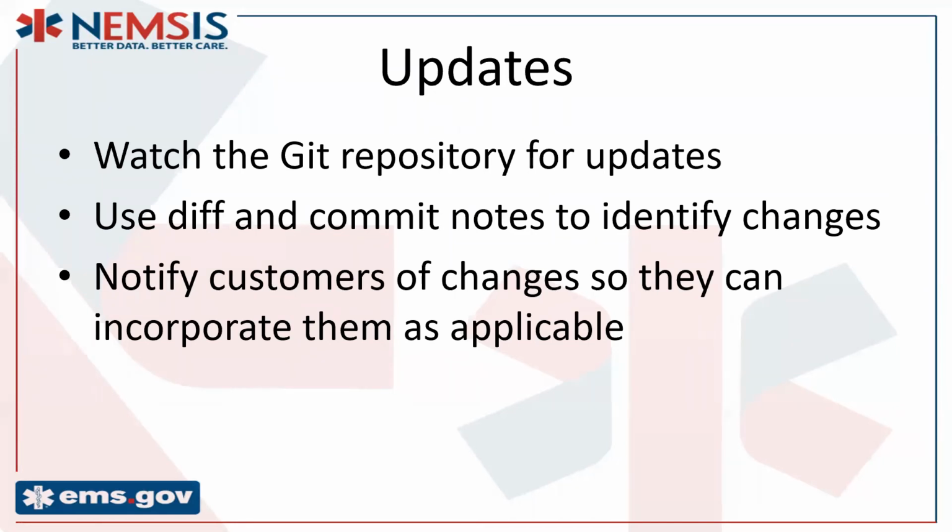So for example, maybe the state puts out an update to their state data set, and a medication got added to the paramedic medication list. So you could notify your customers and say, if you have paramedics, then you might want to note that XYZ medication is now permitted by your state for paramedics.